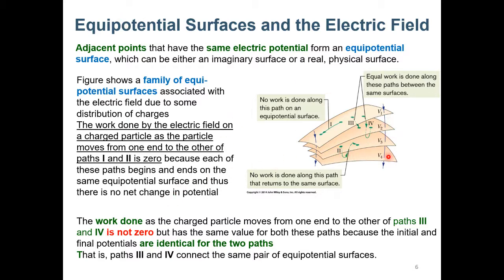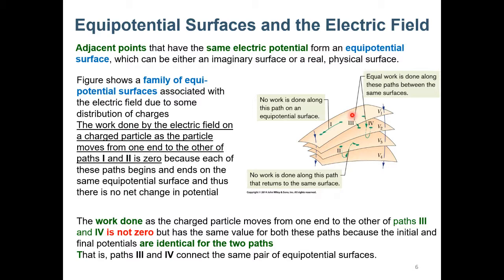But for path 3 and path 4, they are not. The work done for path 3 and path 4 is the same. They move from V1 to V2. So they have the same work done, although path 4 goes through V2 and goes back.